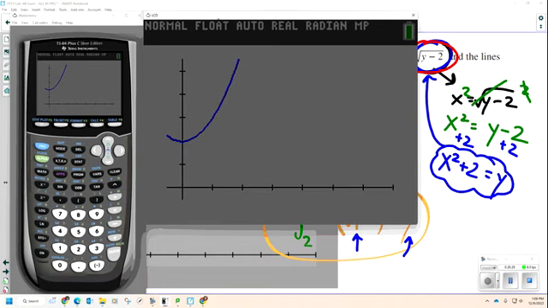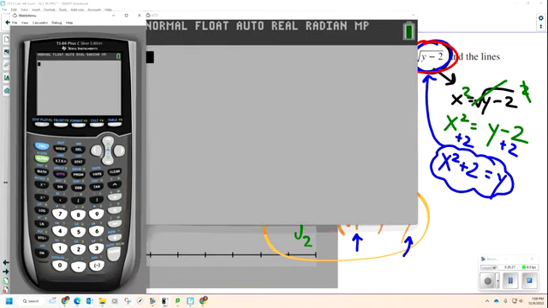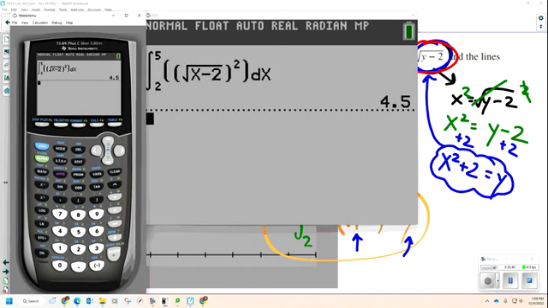So I've got, let's get out of here, math 9. From 2 to 5, in parentheses, the square root of x minus 2, parentheses, that's the radius. But remember, we need the radius squared. dx, bang, and we should get 4.5. All that work.